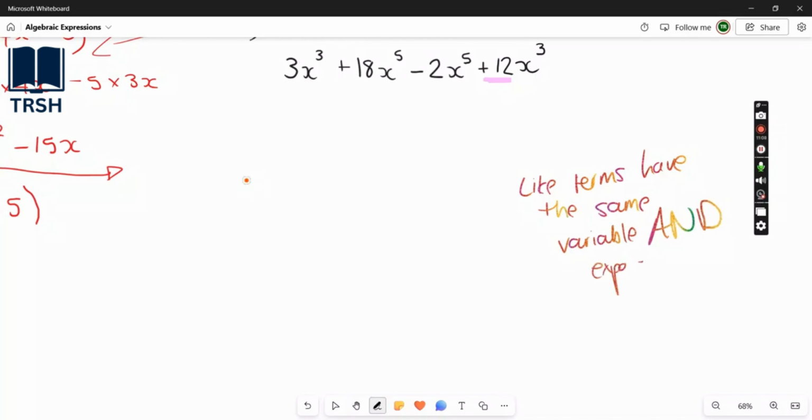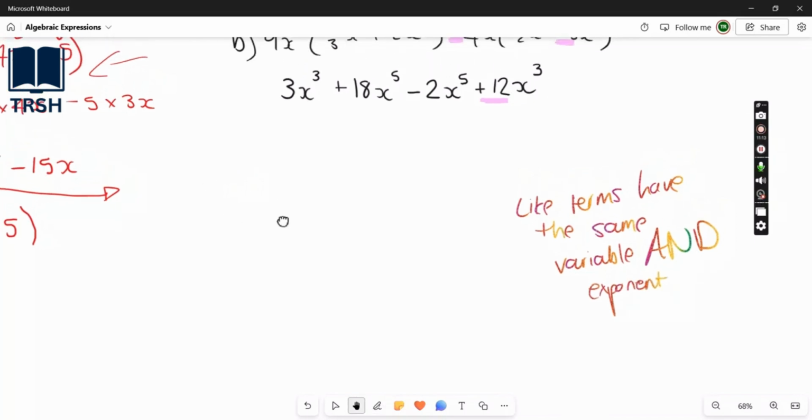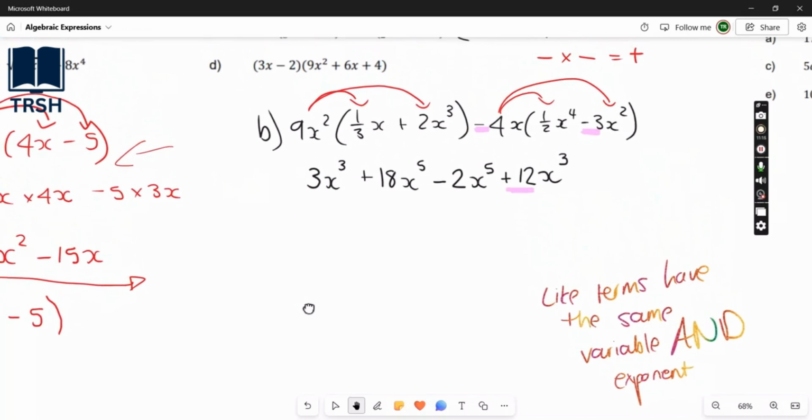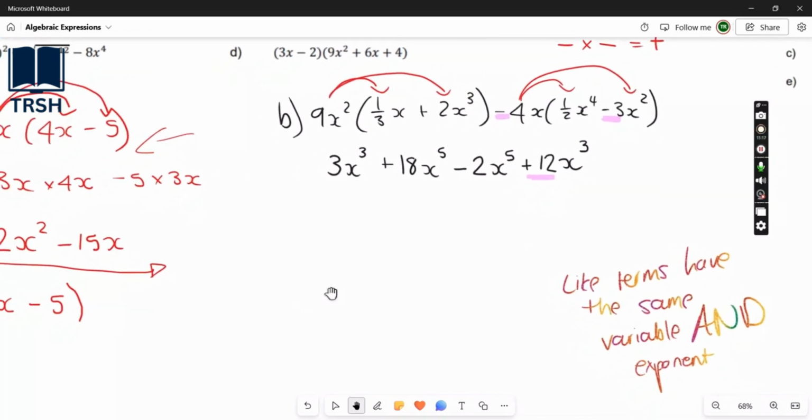This is very important because I see sometimes students just look at the variable and then already they say, oh, those are like terms, whereas the exponent is not the same. So if we look at what we have at the moment, let me just remove this.